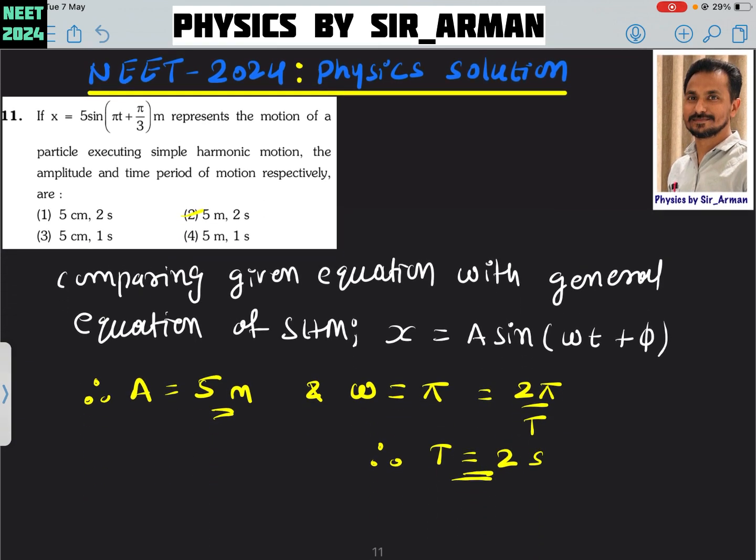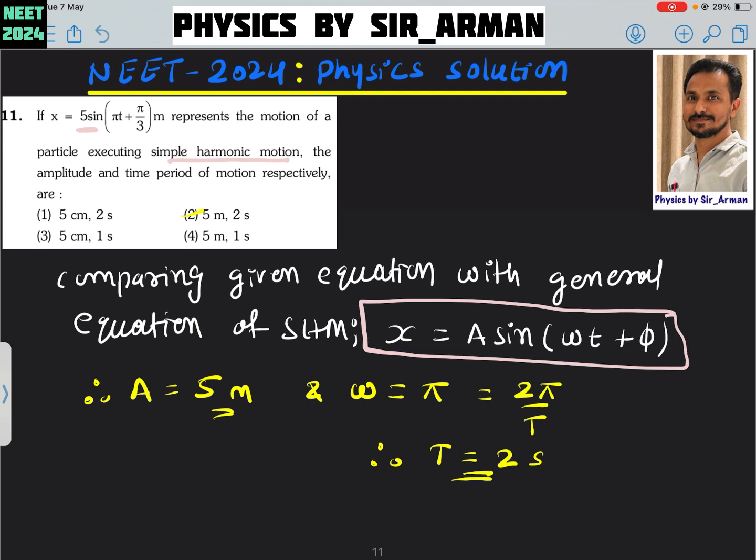Moving to the next, question number 11. If x is equal to 5 sine (pi t plus pi by 3) represents the motion of a particle executing SHM, what are the amplitude and the time period of motion respectively? Again, it's a very simple question. We compare this with the general equation of SHM, which is x = A sine (omega t plus phi).